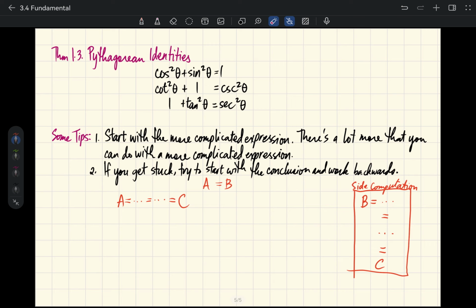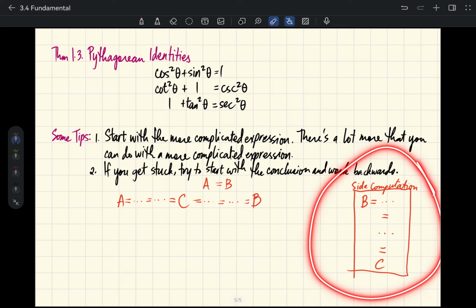So what you're doing here is, hopefully from the conclusion, you can work backwards to get this expression right here. Then finally, we can import what we did in the side and eventually reach B. Okay? So this is just a side computation.